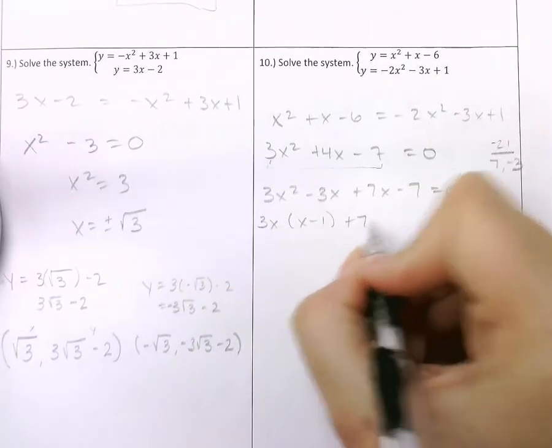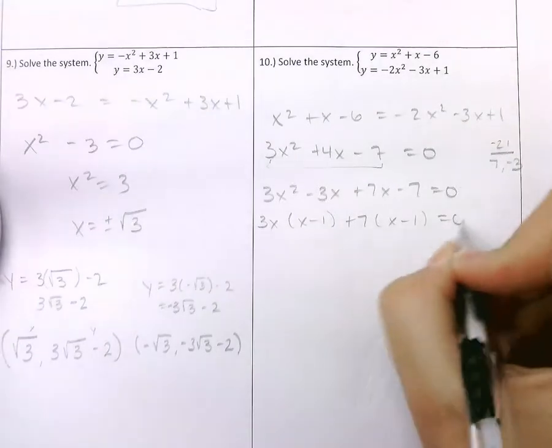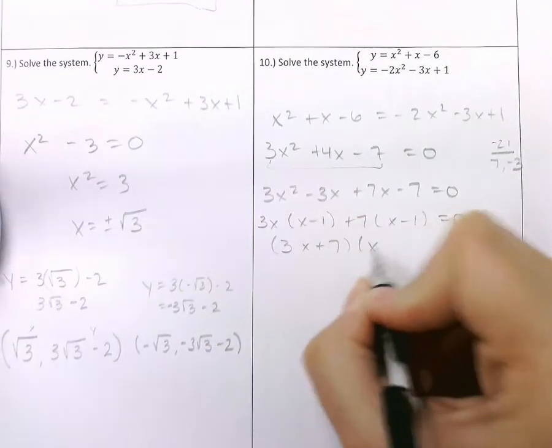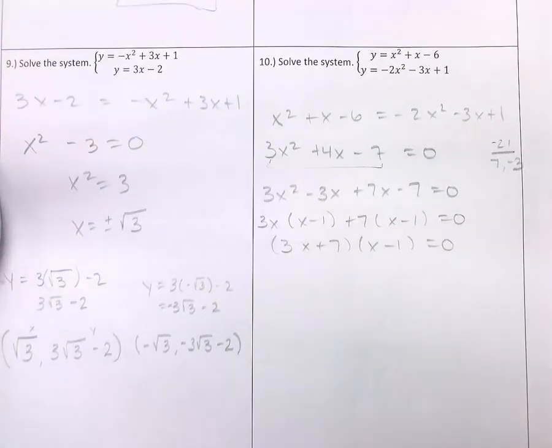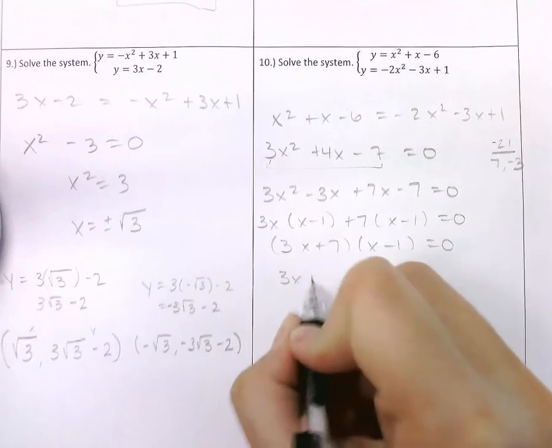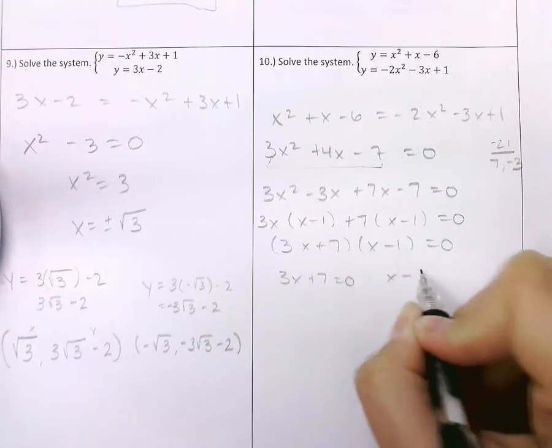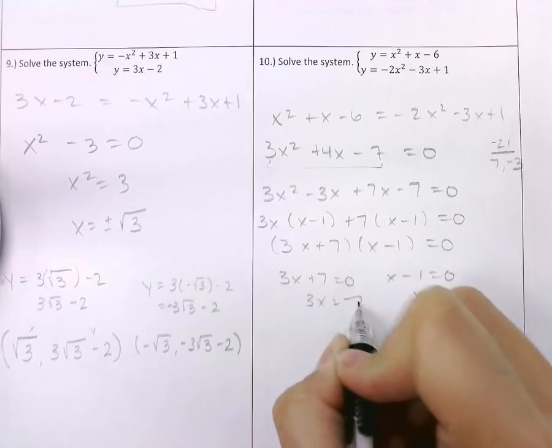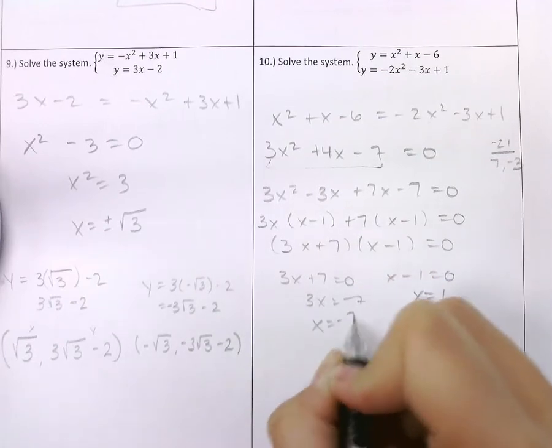And here you take out a positive 7, you're left with x minus 1. So 3x plus 7 and x minus 1 are your 2 factors. Okay, if you set those equal to 0, you should get 1 and negative 7/3.